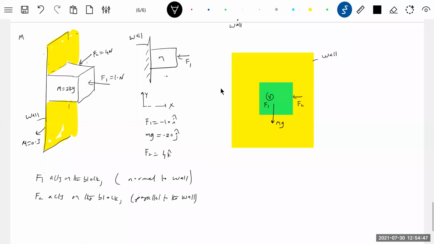And what about normal reaction? Normal reaction will be out of the plane. I think everyone knows this symbol. Into the plane. Out of the plane. Then how the friction should act?